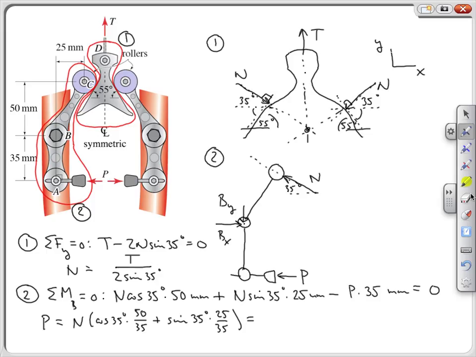And then if we make our substitution for N in terms of T and bring the 2 sine 35 in the denominator inside the parentheses, what we end up with is 1 over tangent 35 degrees times a ratio of 25 to 35 plus 25 over 70.